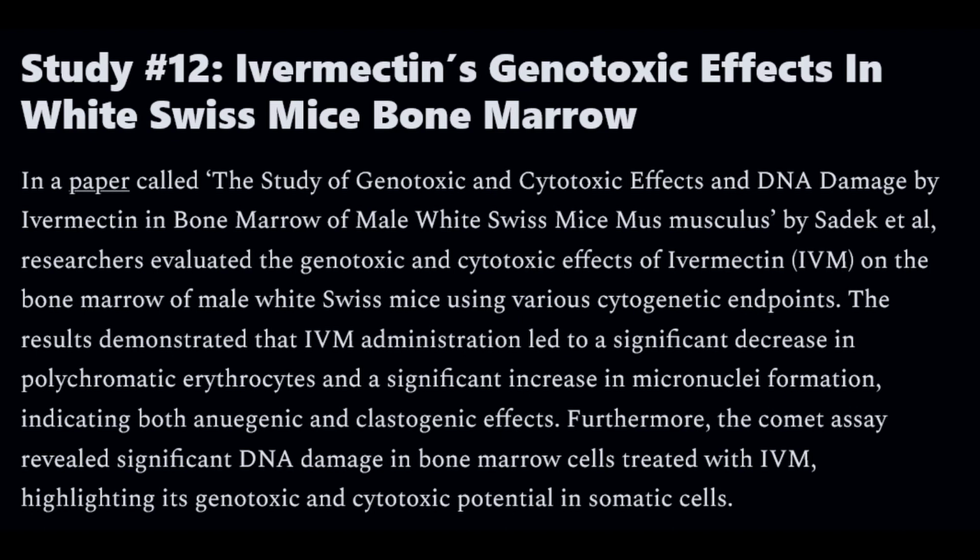So this indicated both aneugenic and clastogenic effects. An aneugen is an agent that causes daughter cells to have an abnormal number of chromosomes. Furthermore, the comet assay revealed significant DNA damage in bone marrow cells treated with ivermectin, highlighting its genotoxic and cytotoxic potential in somatic cells.